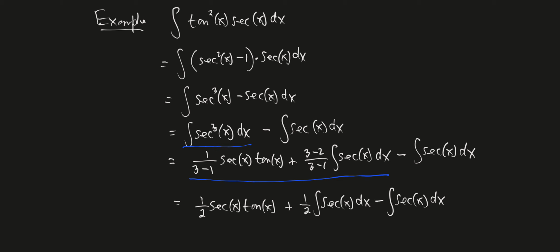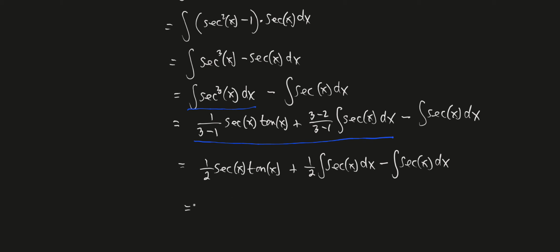These are not algebraic terms, but they're definitely like integrals because these are identical. So it's like you have 1/2 of one integral minus 1 of that same integral. By taking 1/2 minus 1, we get negative 1/2 of that integral. So this is 1/2 secant x tangent x, minus 1/2 of the integral.